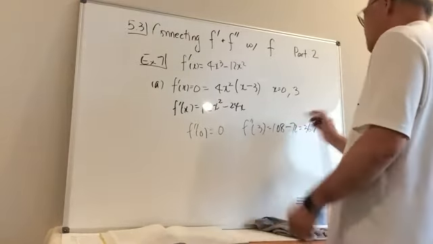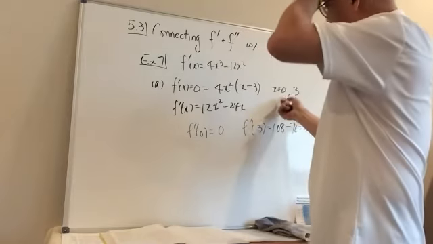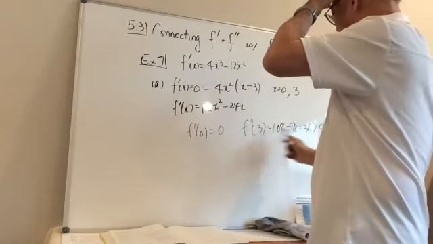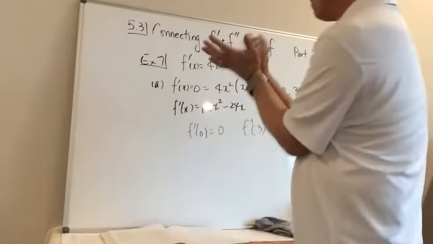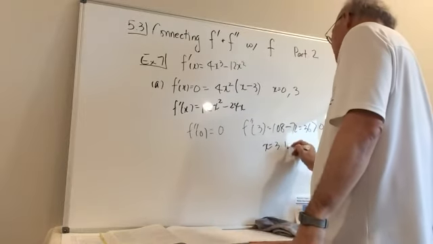It's greater than 0. So when x equals 3, f prime is 0 and f double prime is positive, so I'm concave up.